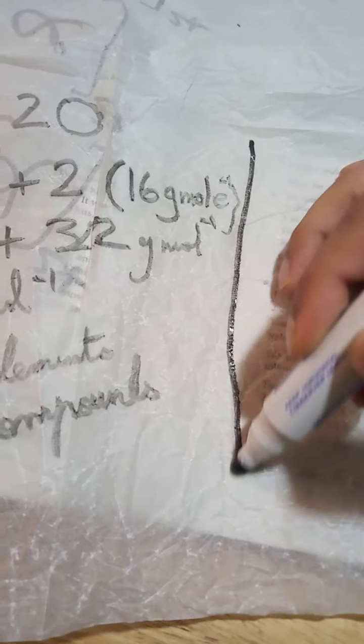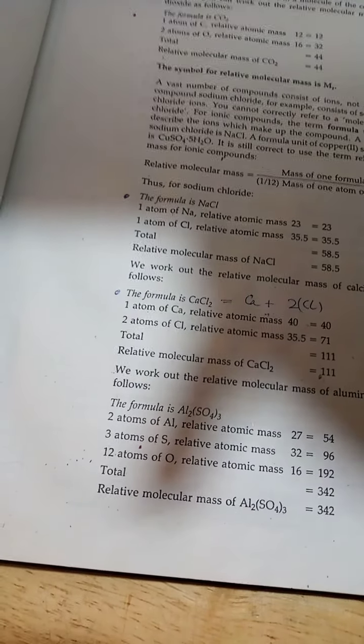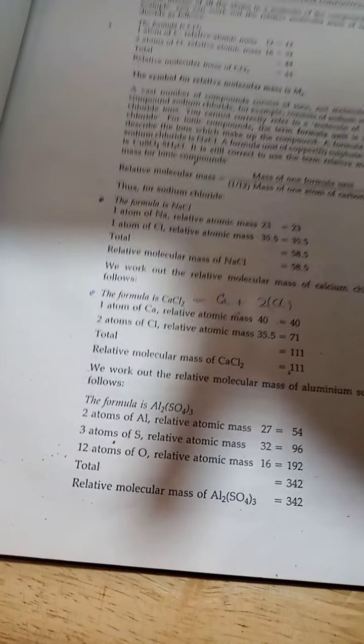Okay, so I'll demonstrate an example for the calculation by using sodium chloride followed by calcium chloride followed by aluminium sulfate. I'll increase the complexity.